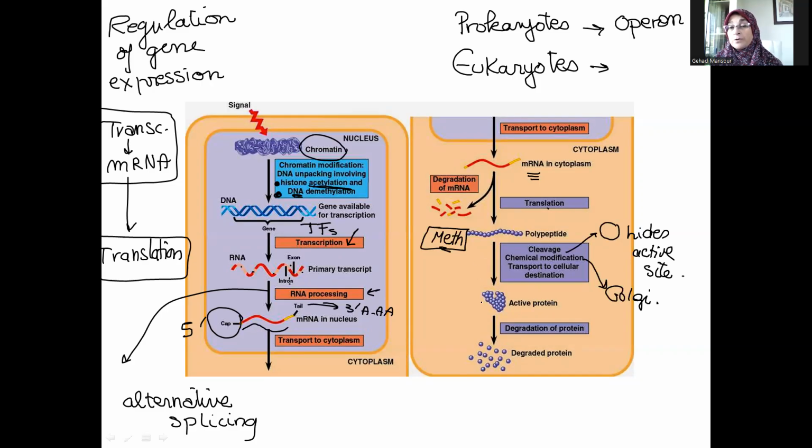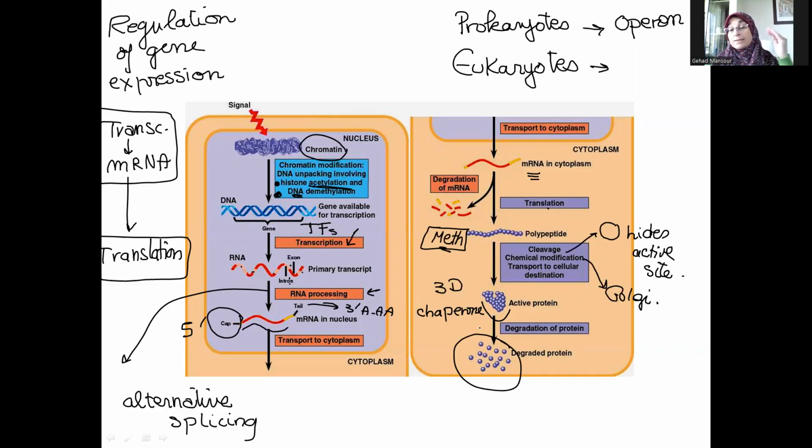Here we also have the protein has to be folded if we want that protein to acquire a three-dimensional shape, and therefore chaperone proteins will play an important role here in regulation of the folding of the proteins. And at the end of the day, when the protein has accomplished its function, it will be degraded.